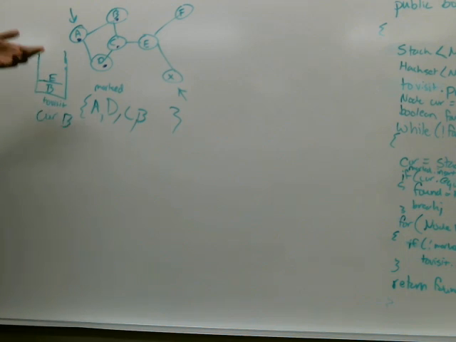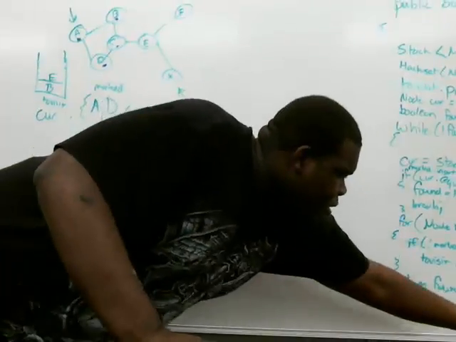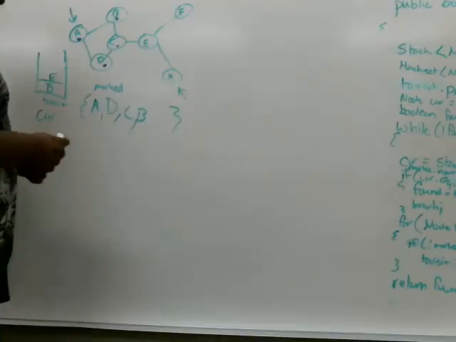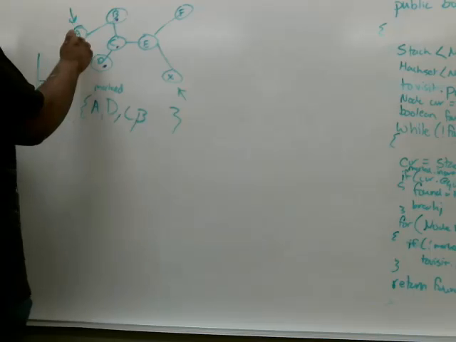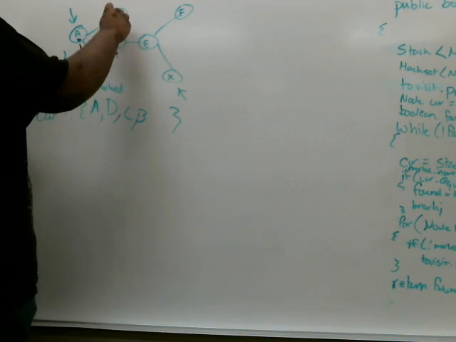Next iteration, we say stack pop. Now we're at E. If you look at this, we actually did something. Let me get the red marker. Here's how we traverse this graph. We went this way, we went this way, and we went this way.